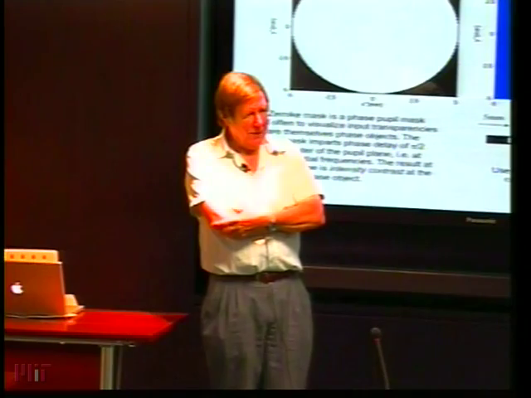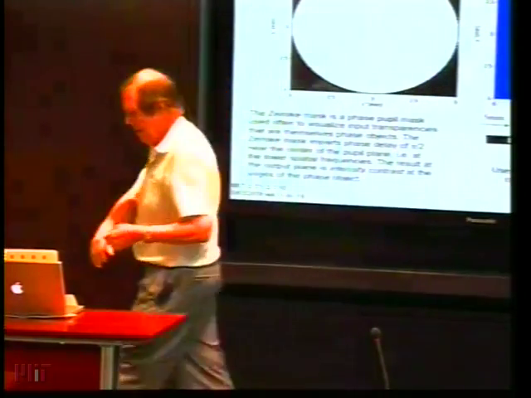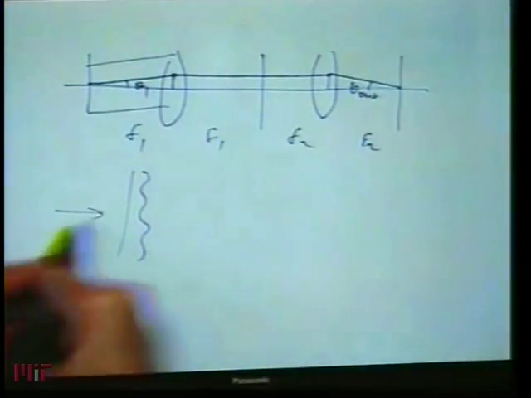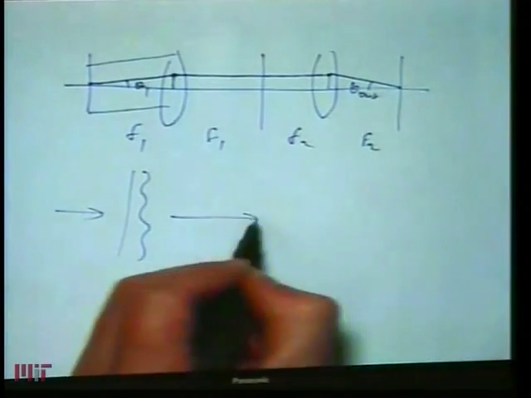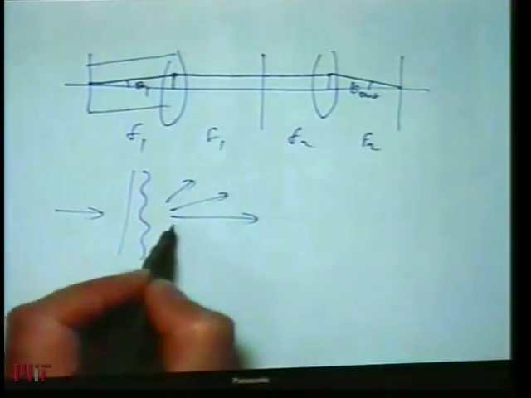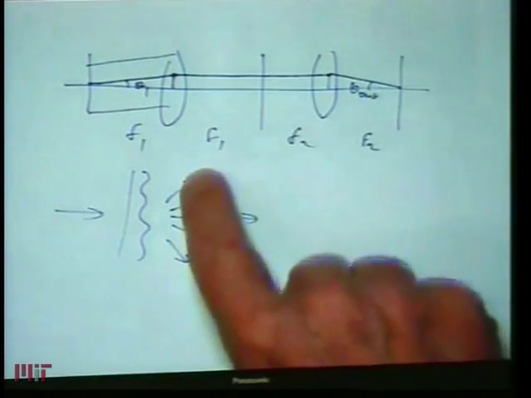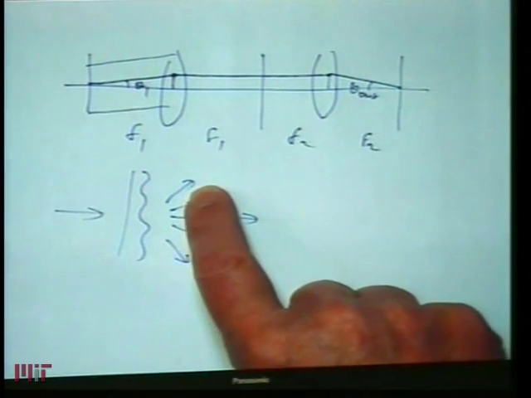Not quite sure what you're saying. You start off by saying you've got some sort of grating object, and if you illuminate this, you'll get a series of diffraction orders. And of course, the relative strength of these might be complex to account for the phase changes.